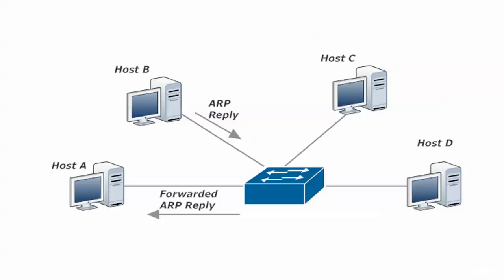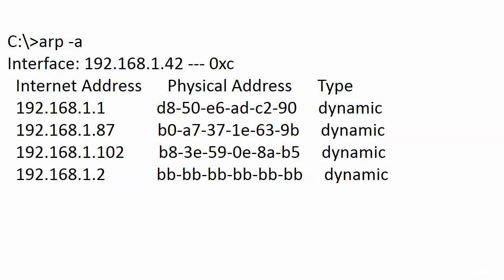I'm going to send an ARP reply, and the ARP reply goes straight back to the original requestor. And host A gets the forwarded ARP reply from the switch. Host C and D are out of the picture by that point, and at that point, host A now has the IP address of host B and the MAC address of host B and can start sending data.